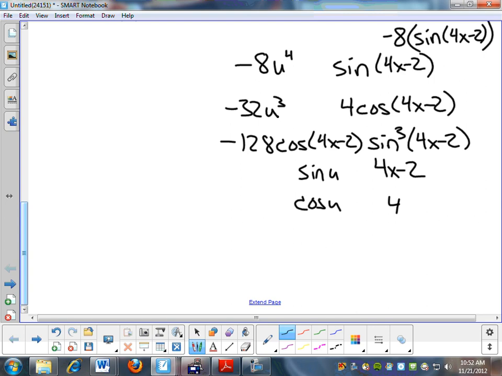Well, it's u to the third. So remember, we have to plug that back in here. So sine of 4x minus 2 to the third power is sine to the third. Question? You have the third here, or you have the third here? If you want to, you could take this and go like that. That would be okay. That's fine. But that third power can go right there.